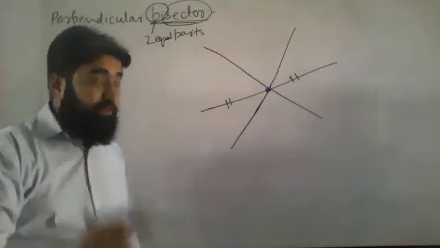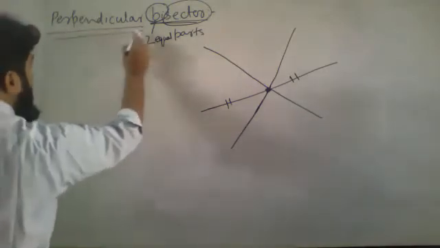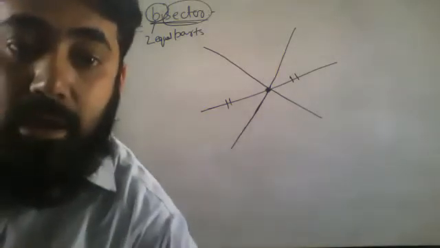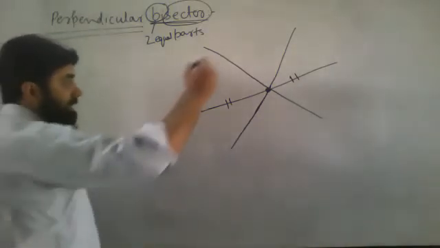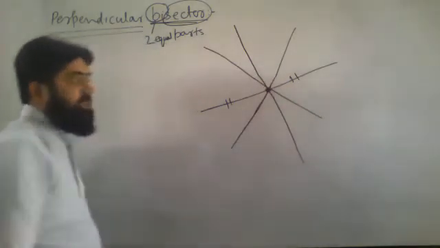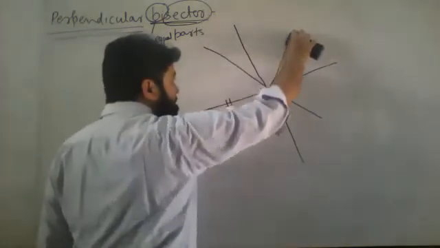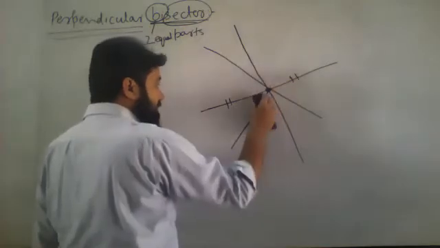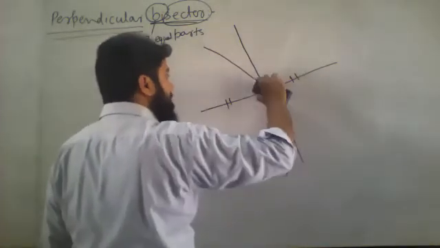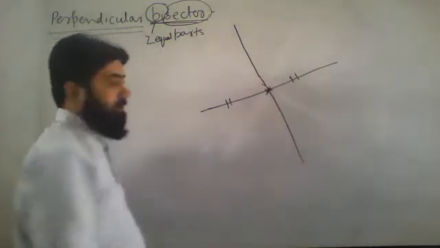But what they have given us is perpendicular bisector. It means I'm only going to have this type of bisection over there. Rest of them, which I have got from here and from here, will not be considered.